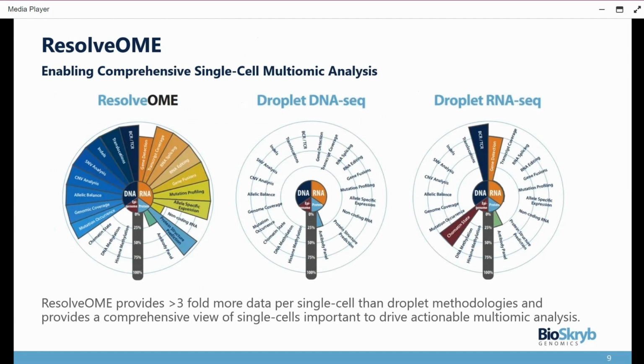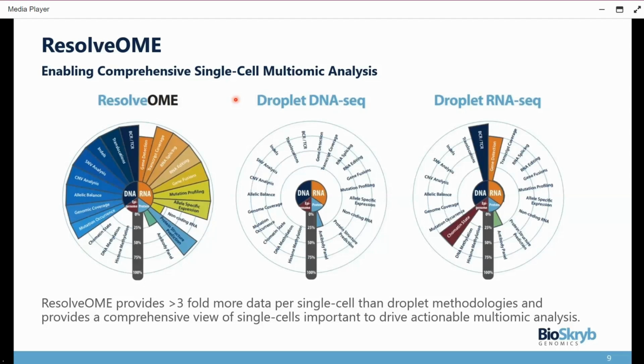The second chemistry to introduce to you today is Resolve-Ohm. Resolve-Ohm enables comprehensive single-cell multi-omic analysis. Many of you will ask the question, why study the genome and the transcriptome from the same single cell?